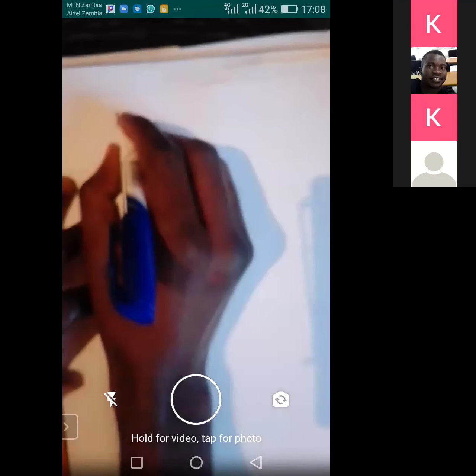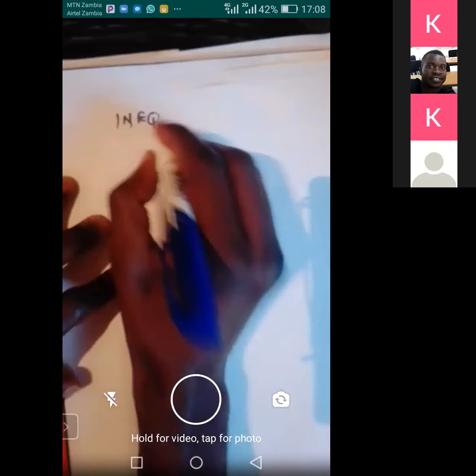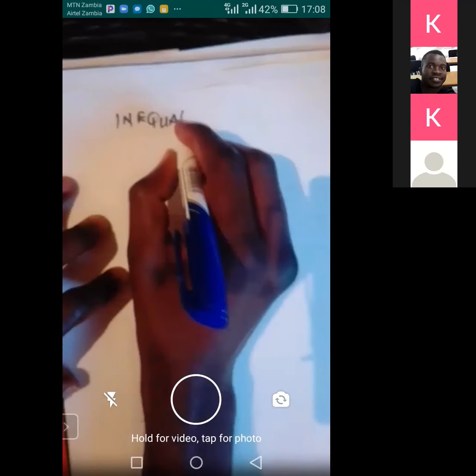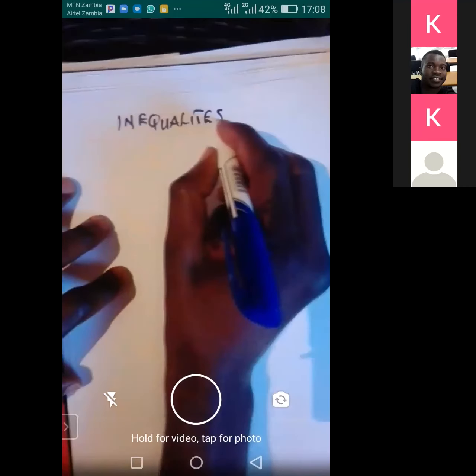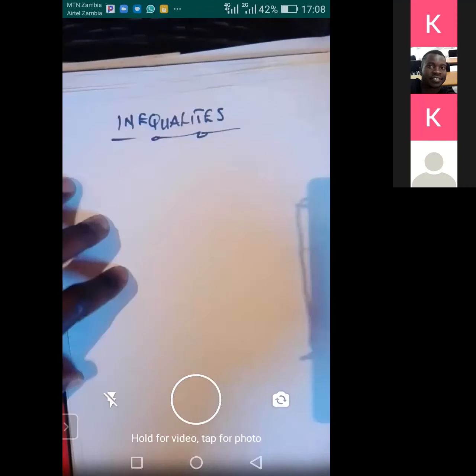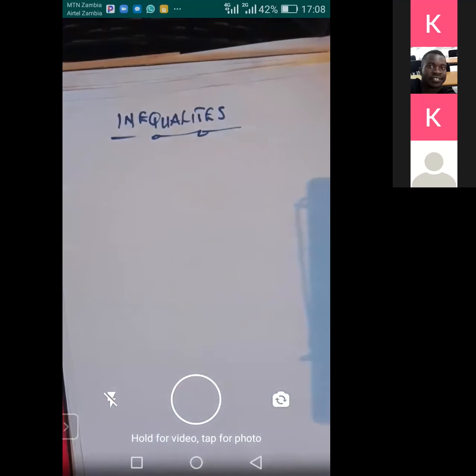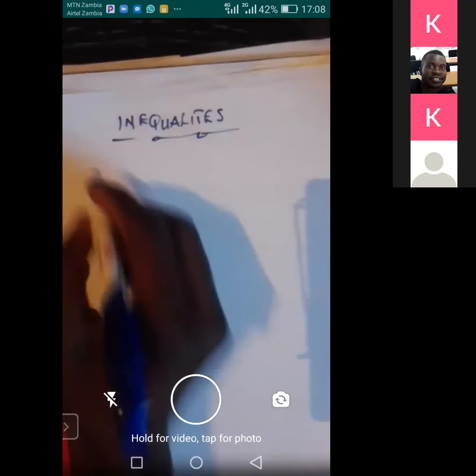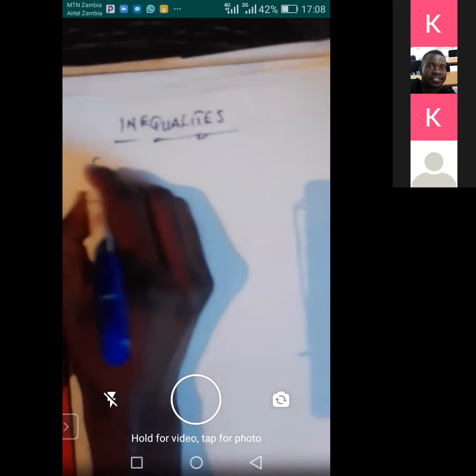So let's look at inequalities now. Let's look at this linear inequality.